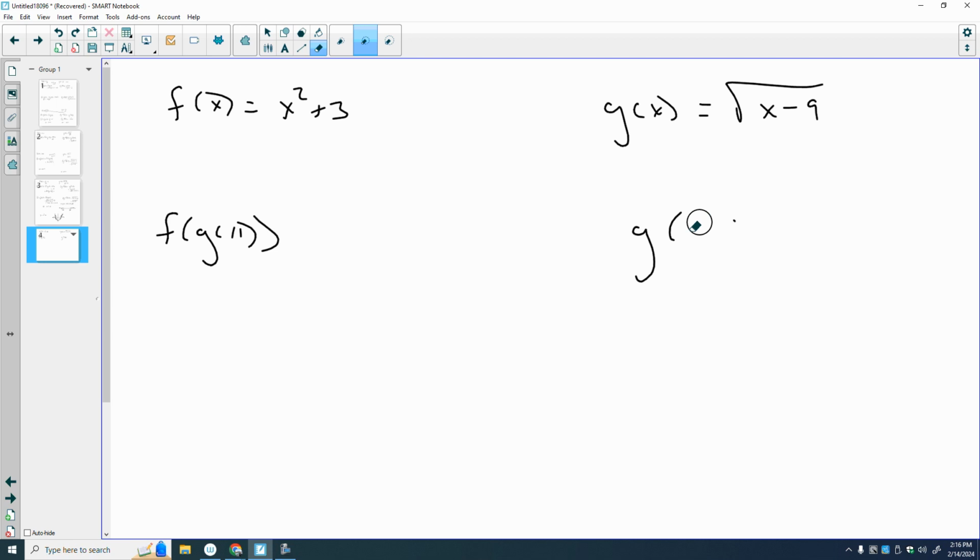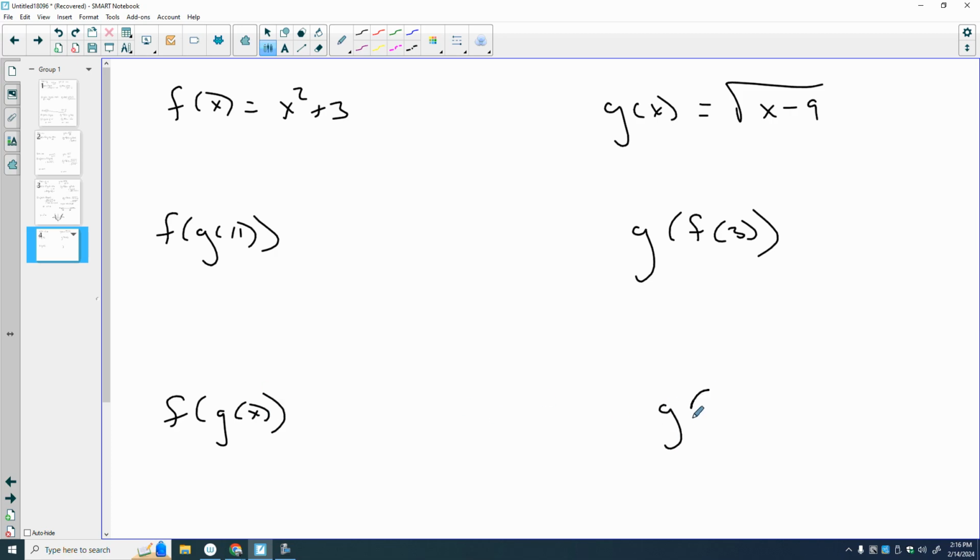I kind of gave away my answer, so you know this is going to work. So g of f of 3. That'll work. And then do f of g of x and state the domain, and then do g of f of x and state the domain. When you're done, come back. Hit pause, then come back.